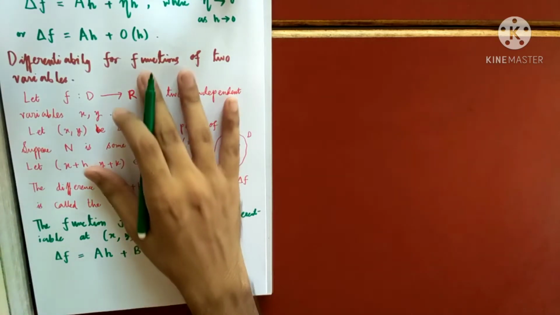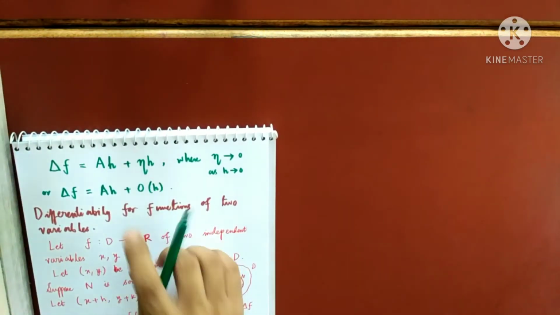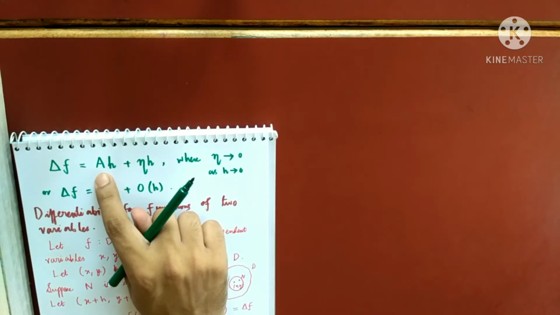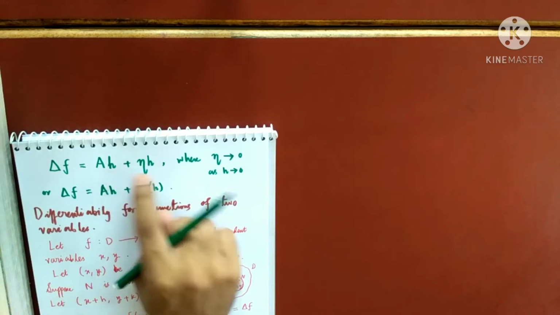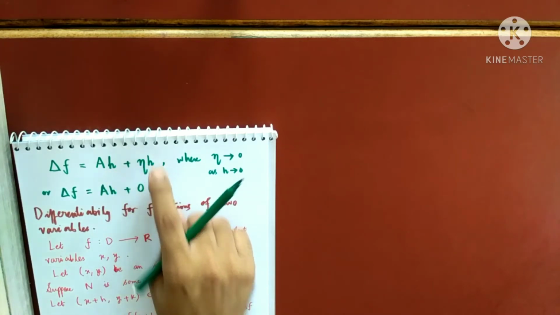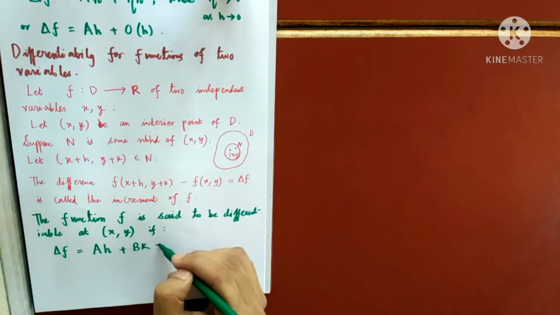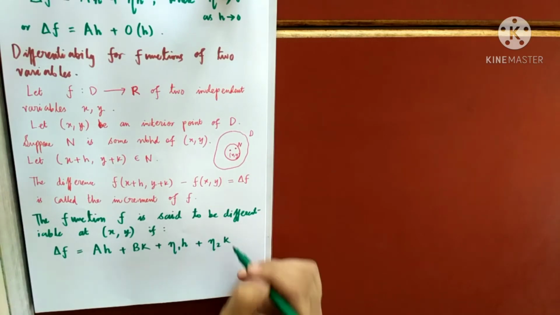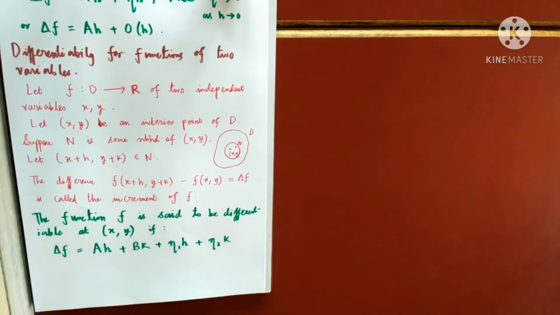You see, I am just generalizing this concept. Here I have just ah, but here I have two things, h and k. Did you understand my point? I have generalized the above definition. Understood this part? So I have just generalized the notion of differentiability of a single variable to multivariable.